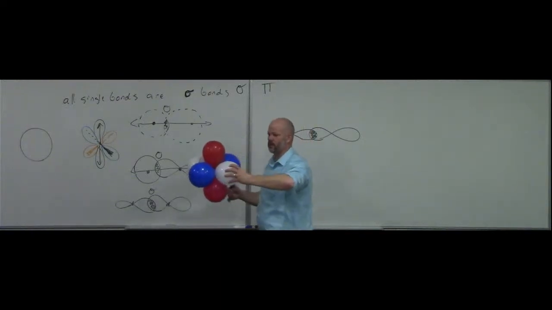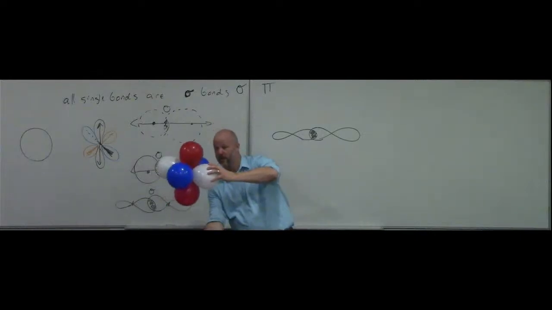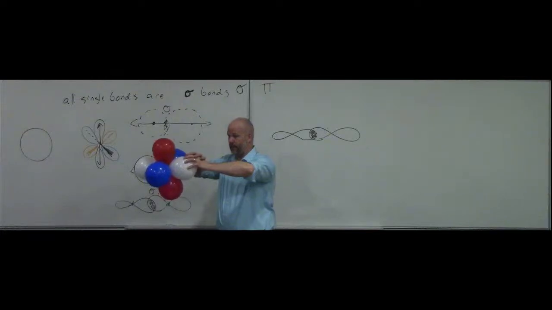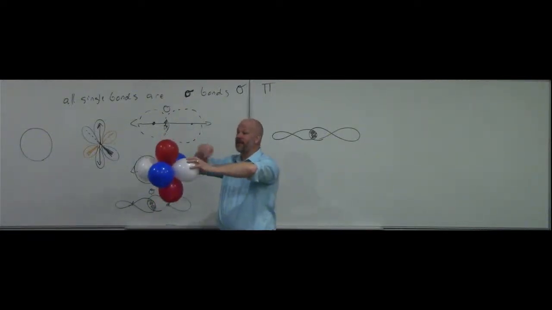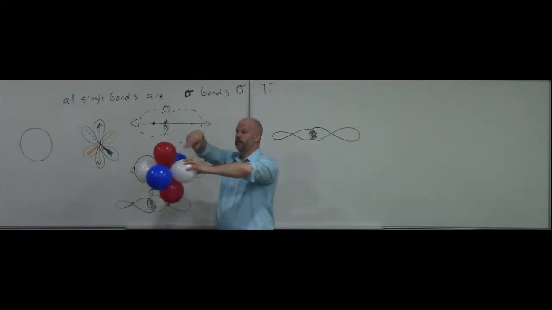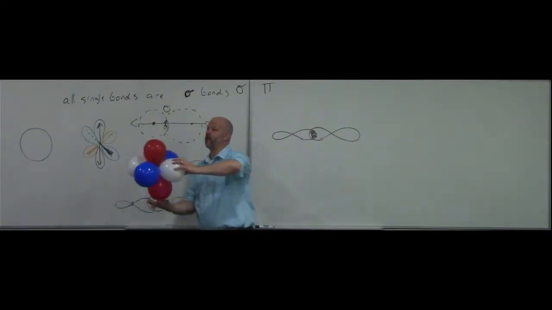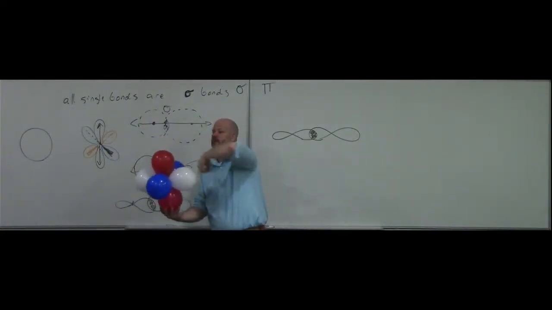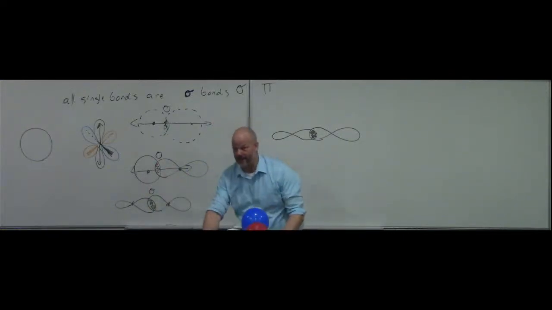If I had another one of these molecules, exactly, and I wish I did, but I don't. But you understand that my first bond is happening right here. This is a sigma bond. A pi bond is going to be found in a double or a triple bond. I can't bond anything else in this plane. I can only bond either with the reds or with the blues. Okay? So they can't overlap end to end like this. They've got to overlap up here and down here, or they've got to overlap in the front or in the back. Well, that's a different kind of bond entirely.